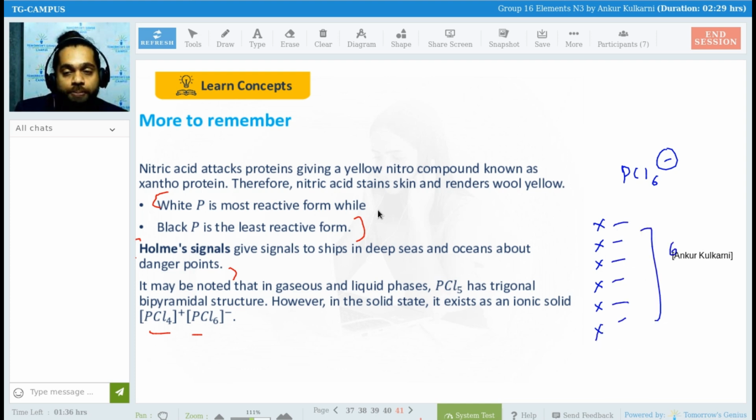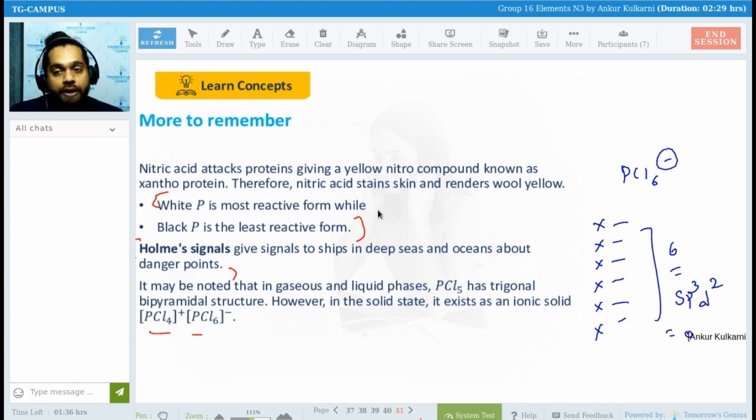So you have 6 of them, 6 number means what? That means sp3 makes it 4. If I add d, it will make 5. d2 makes it 6. So sp3d2, that is your octahedral. Is it clear, everyone? Come on, give me yes or no.